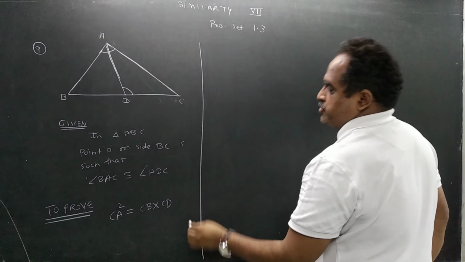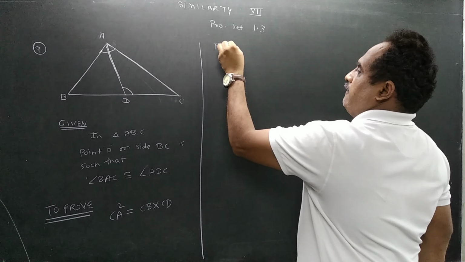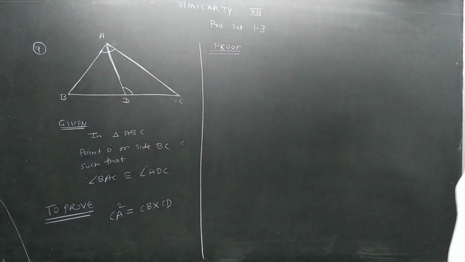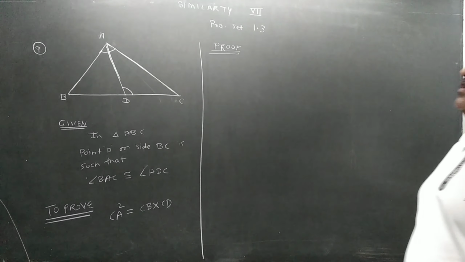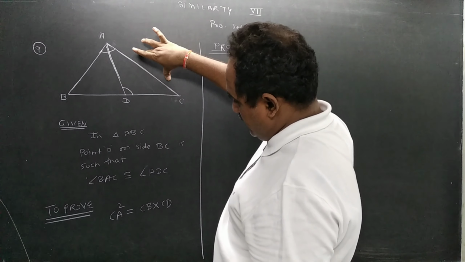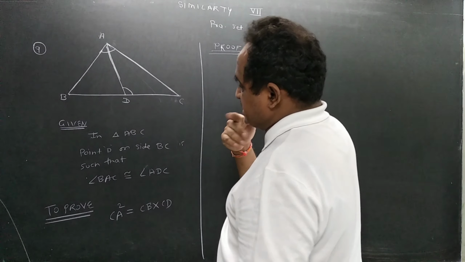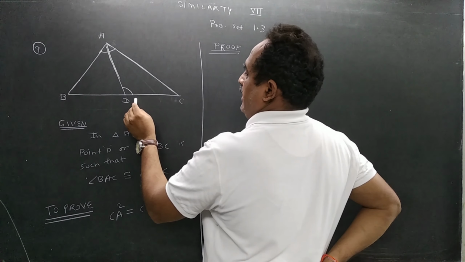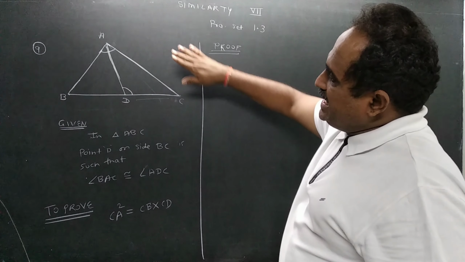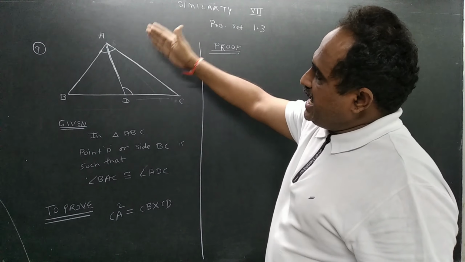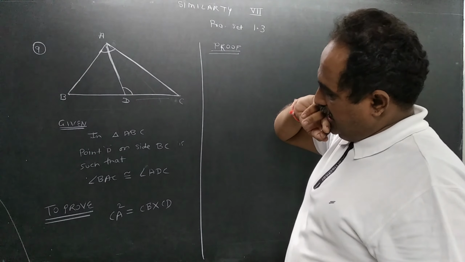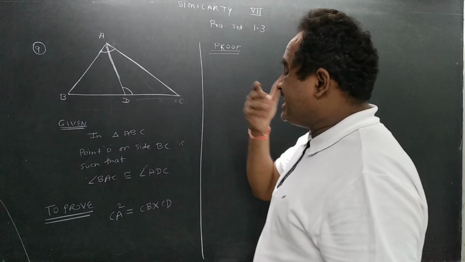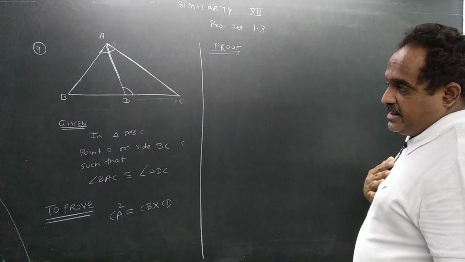Now for this question, CA square is equal to CB into CD. तो CA square है, CA is a part of which triangle? I think ADC का भी ये part है और ABC का भी part है. Is it right?